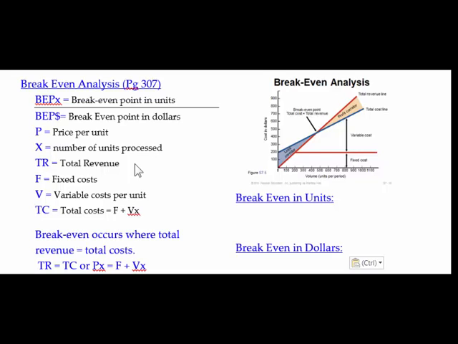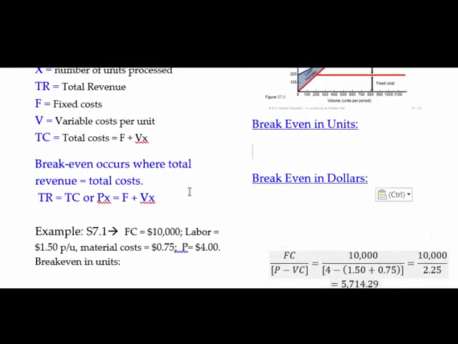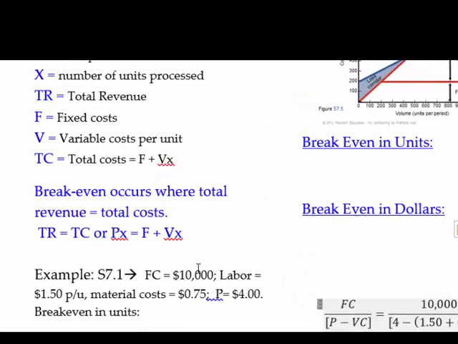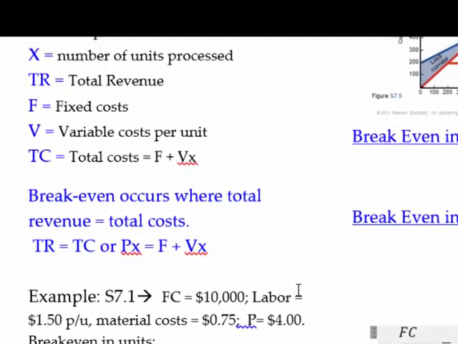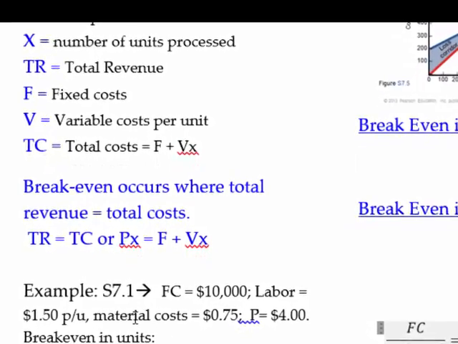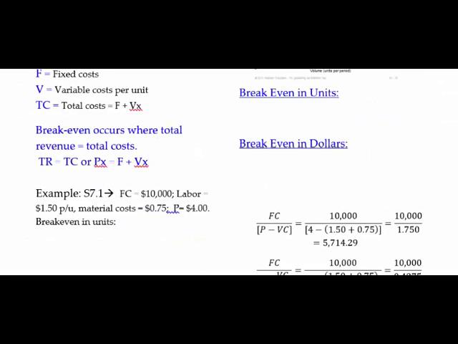So first, let's take a look at this example that I've got down here. I'm going to roll up the screen a little bit. So we've got fixed costs at $10,000, labor at $1.50, and material costs at 75 cents. And we sell this.